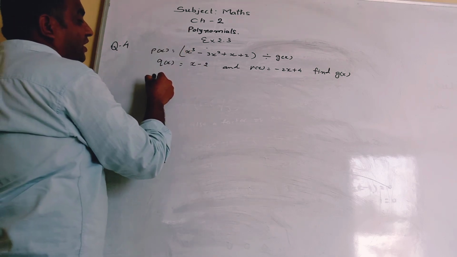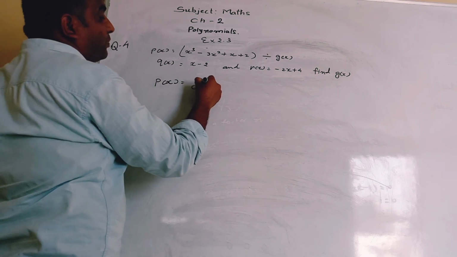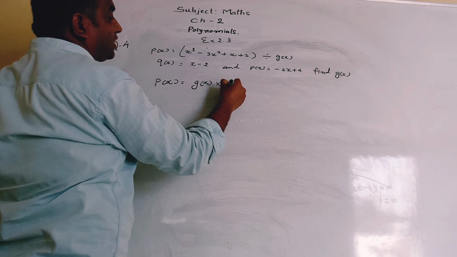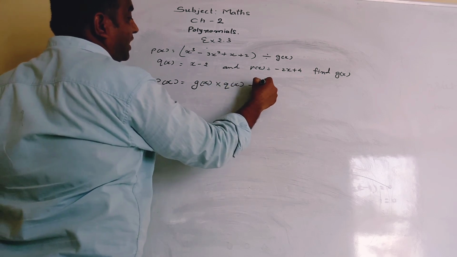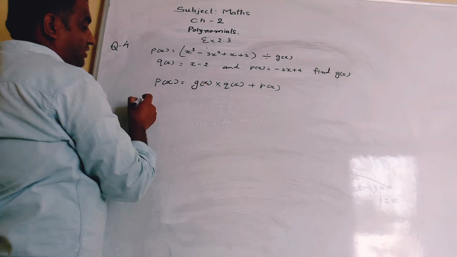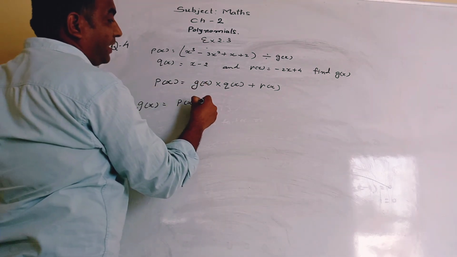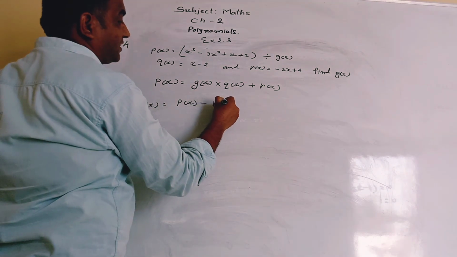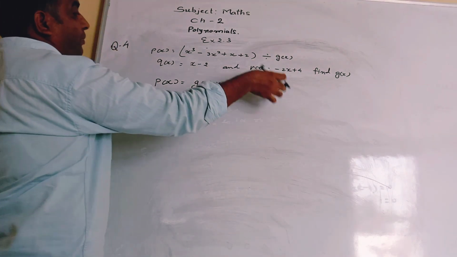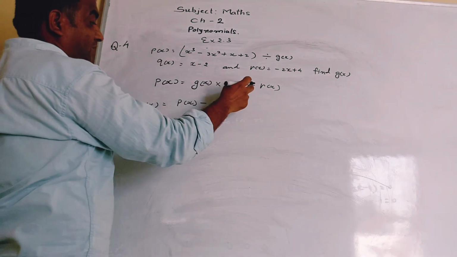We write the division algorithm: polynomial px is equal to divisor polynomial gx into quotient qx plus remainder rx. And so we want to find gx. So gx into qx is equal to px minus rx, the remainder polynomial. We take the right side to the left side, then plus becomes minus.